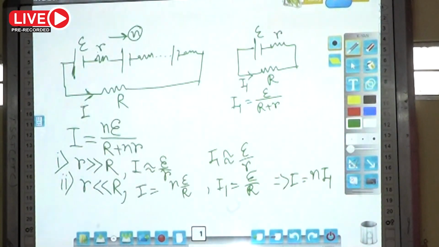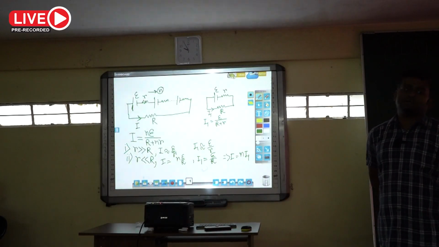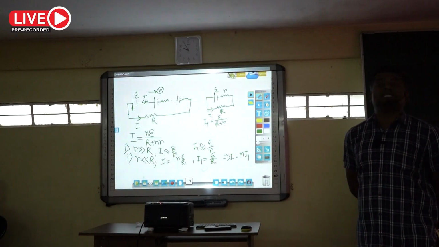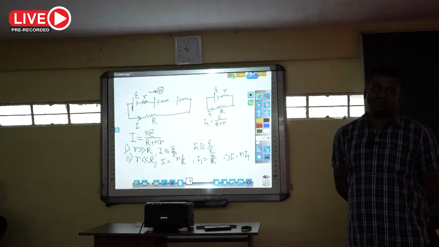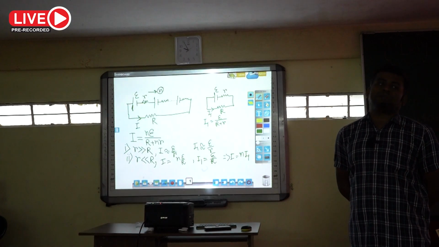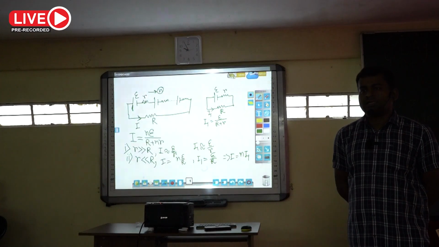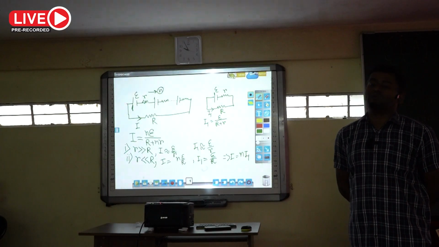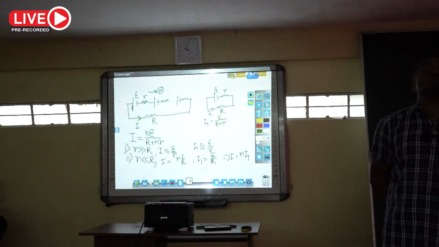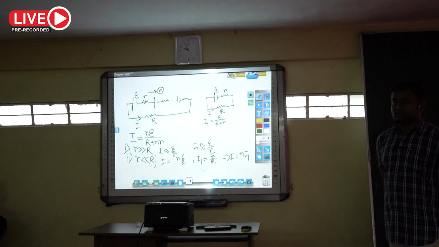So when the internal resistance of the cell is very small compared to the external resistance, then it is always advantageous to connect those cells in series to get high amount of current, because the current will be multiplied by n times. Single cell if delivered I1, 10 cells will deliver 10 I1, but for that you have to ensure that internal resistance is very small compared to external resistors.